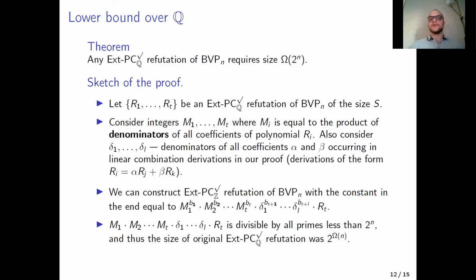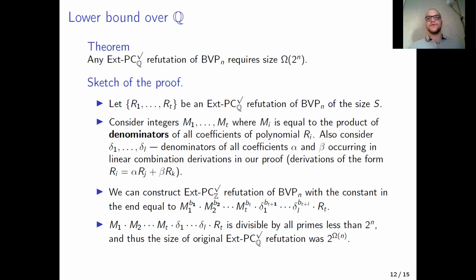Then we know that this product consists of at least an exponential number of bits. Also, we know that all of those numbers are written explicitly in our proof, so the size of our refutation is at least exponential. And that's it. That's all of our proof.